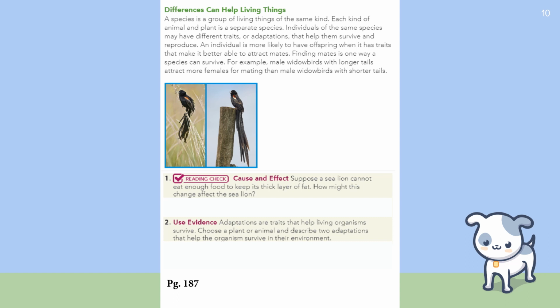So a polar bear, obviously they live in a really, really cold environment. So in order for them to survive in this environment, they have to have a thick layer of fat and a thick layer of fur. So those 2 adaptations help the polar bear stay warm so they can survive in the cold weather. What animal can you think of?